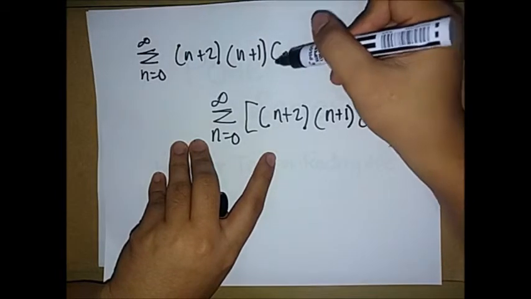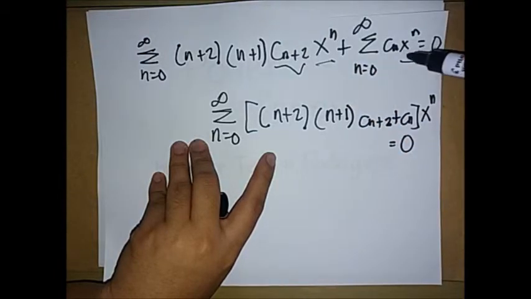Please note that c sub n plus 2 and c sub n plus 2 plus c sub n are just subscripts. Don't get confused.